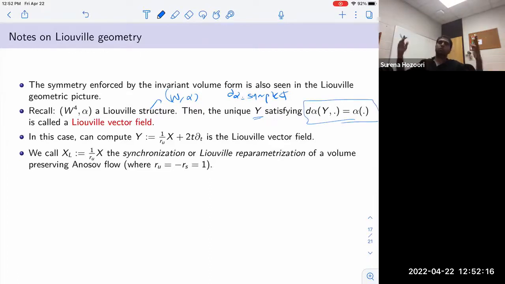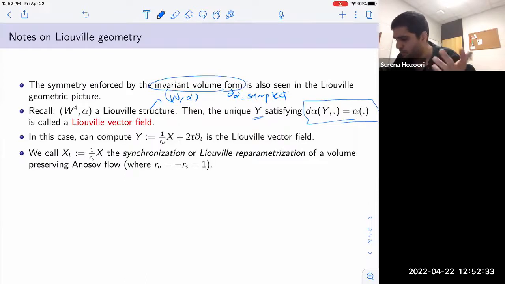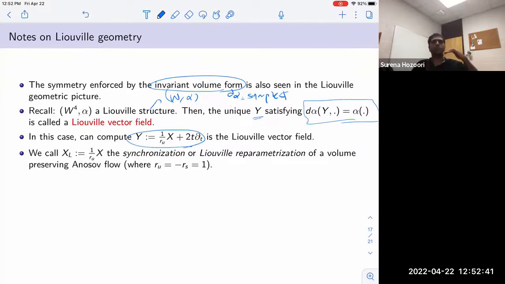Naturally, I would like to see how we can compute these Liouville vector fields. If you have this invariant volume form, the computation would be very easy and also very symmetrical.